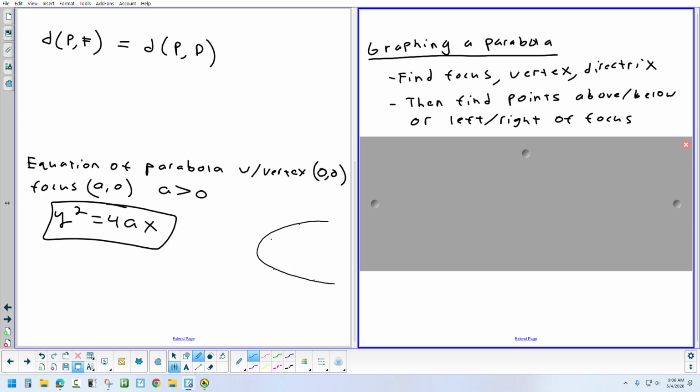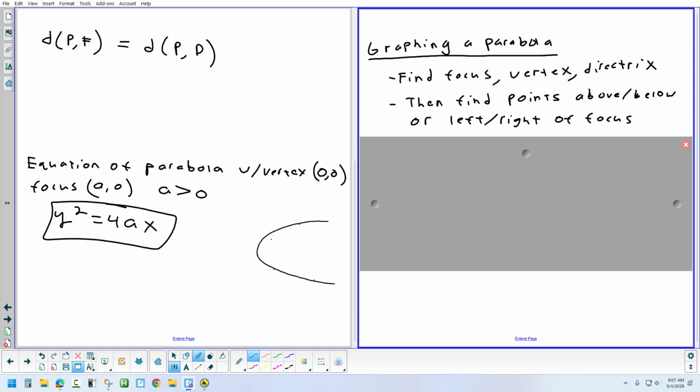Okay. So things you want to find when you're graphing a parabola: the focus. First, understand that the focus is not a point on the parabola. The parabola wraps around the focus. Directrix, again, something else that is not going through the parabola, it's just bending away from it. Vertex.